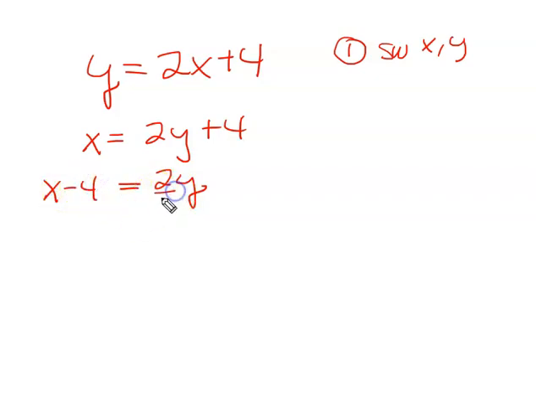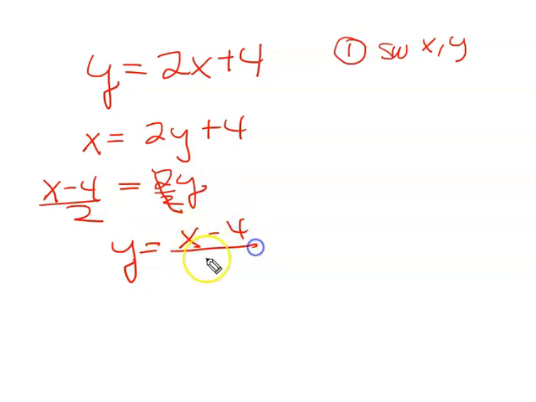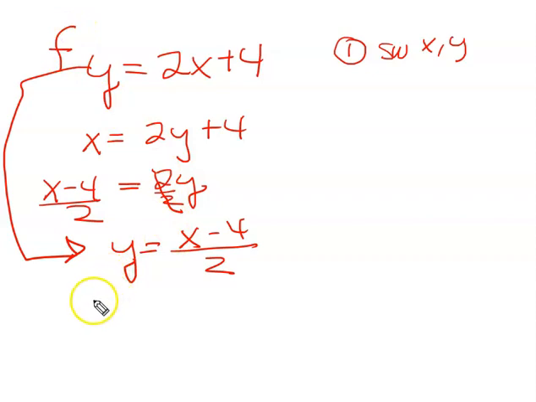And then now divide by 2. And I get y equals x minus 4 over 2. So this and this are the inverse. And if we had this as a function, this would be listed as the inverse function using this symbol.